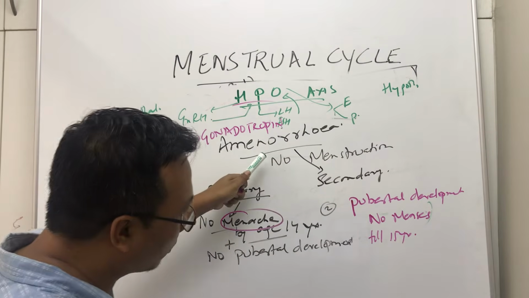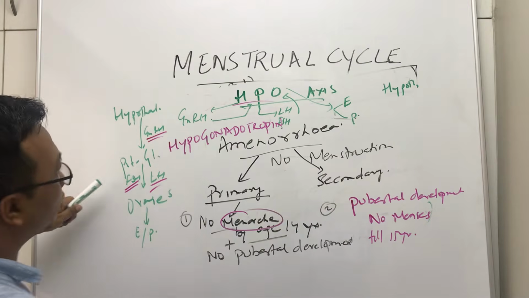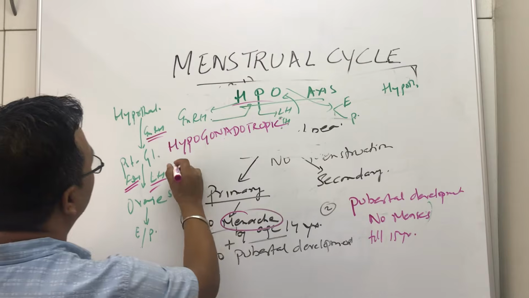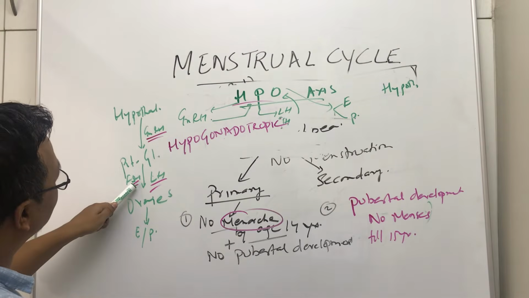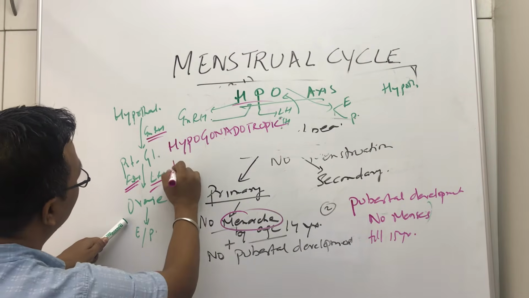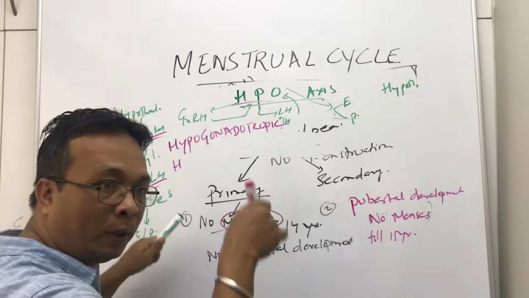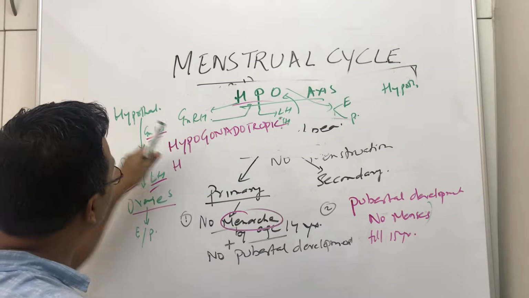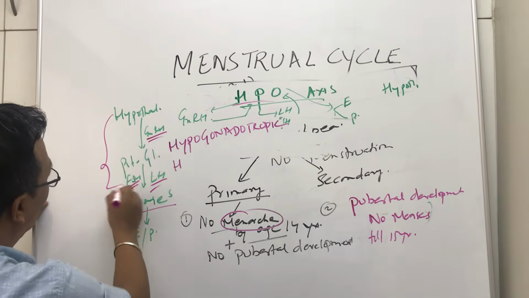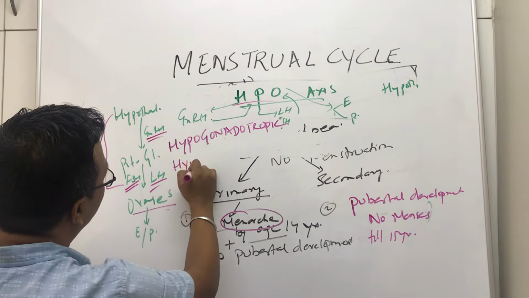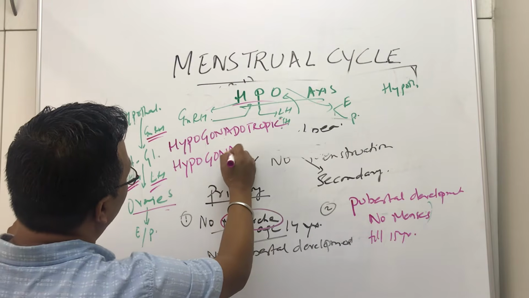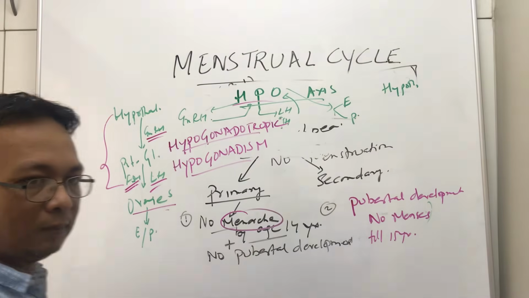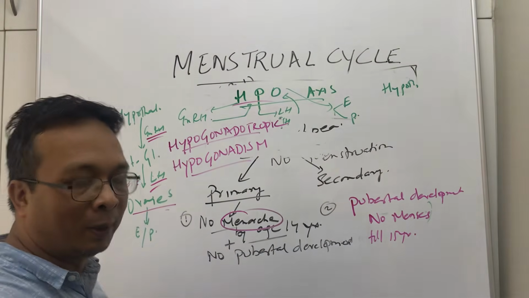This is a hypogonadotropic phenomenon. As a result, ovaries are also down because of less stimulation. So, hypogonadism.